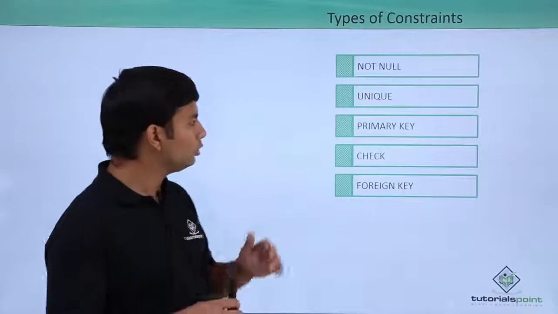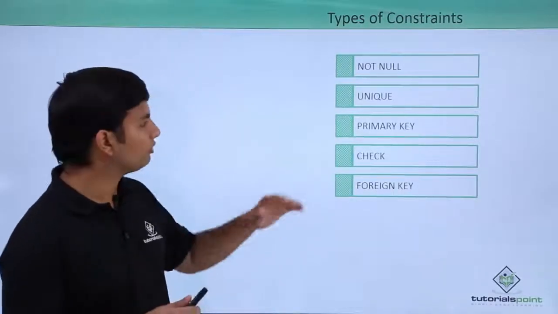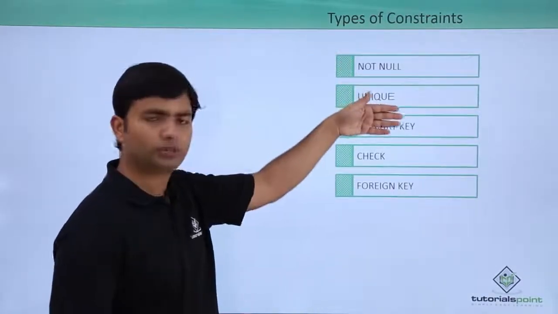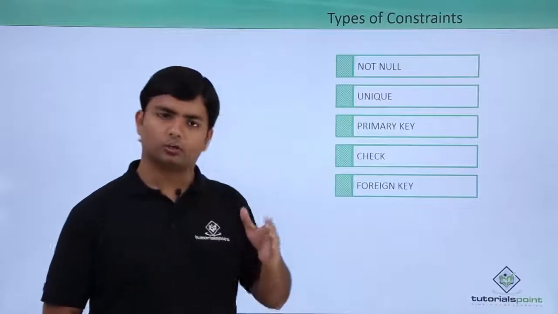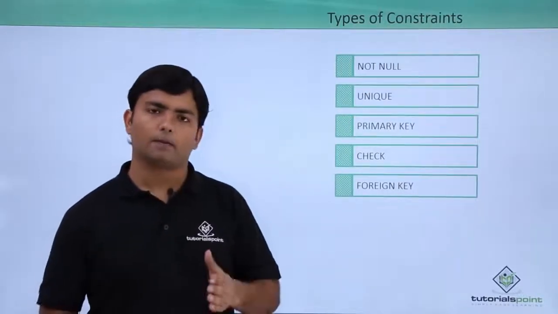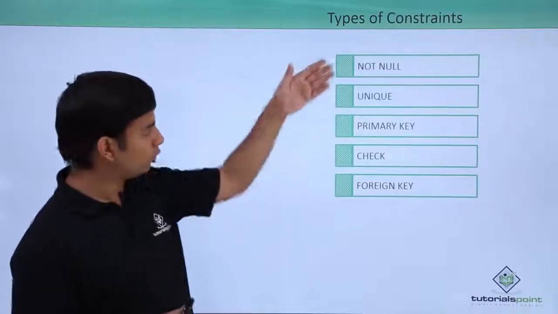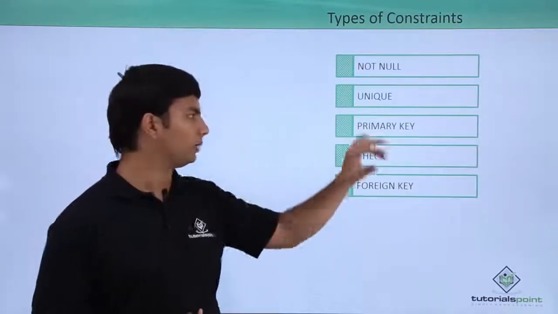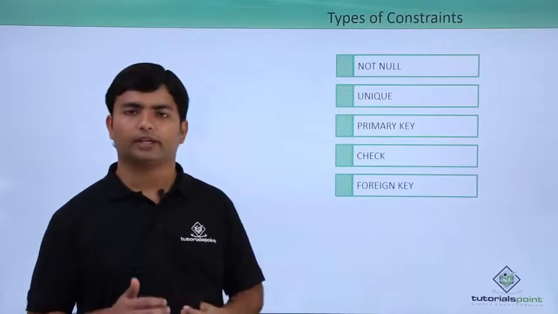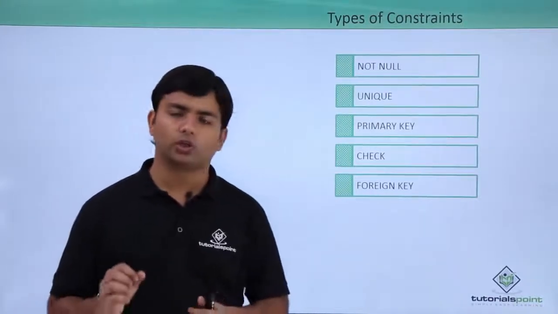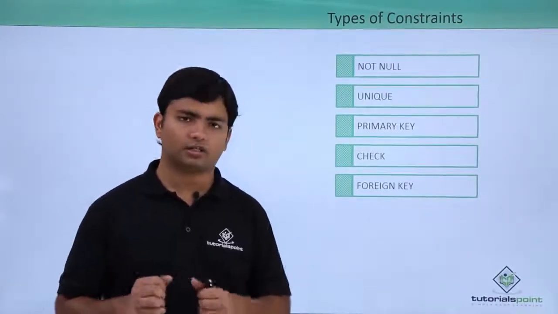When you make a primary key, it has the features of not null and unique, meaning any field which is decorated as a primary key must have a value and that must be unique. So not null and unique both work with the primary key, but as I said, we should have only one primary key in a table.